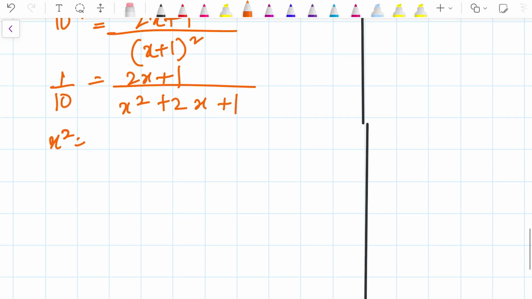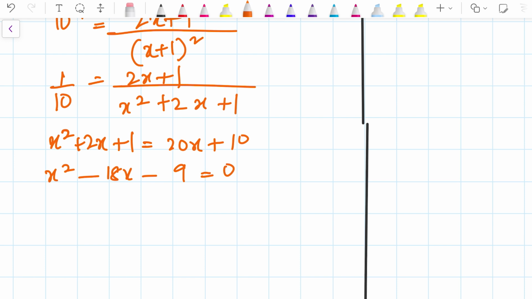Cross multiply. You should be good with mental math, like the plus minus thing should be good. 1 minus 18 minus 9 gives you x equals 18.48. X equals minus 0.487.